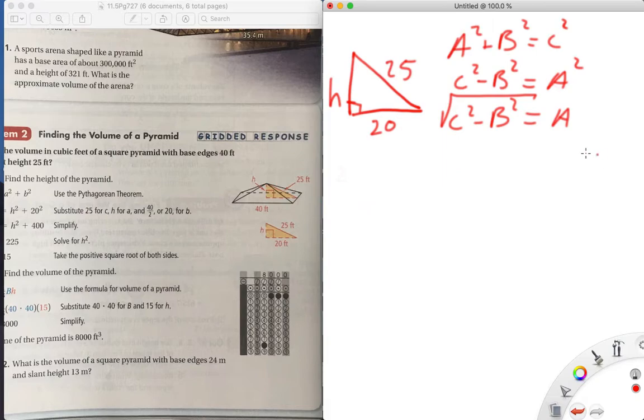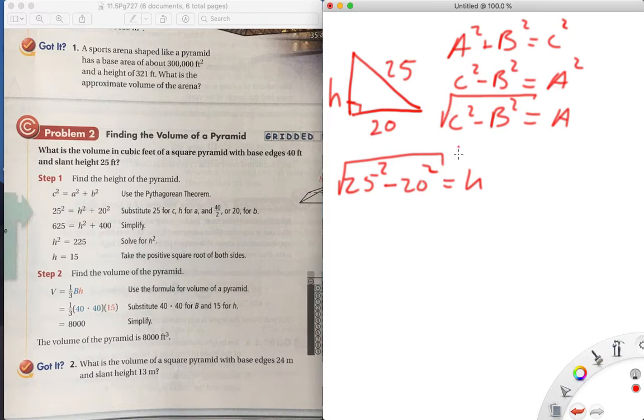So instead of calling it a, we'll call it h. Instead of calling it c squared, we'll call it 25 squared. The book does it for us right here. So this would be 625 minus 400, which gives us our h, which is 15. So we have our height.